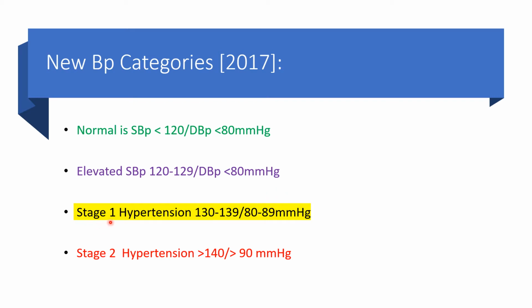We'll call it stage 1 hypertension if systolic is between 130 to 139 and diastolic is between 80 and 89. And we'll call it stage 2 hypertension if systolic is greater than 140 and diastolic is greater than 90 millimeters of mercury. That is the new category from the 2017 guideline.